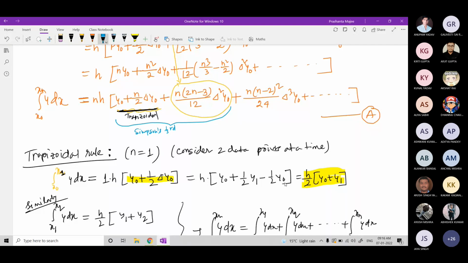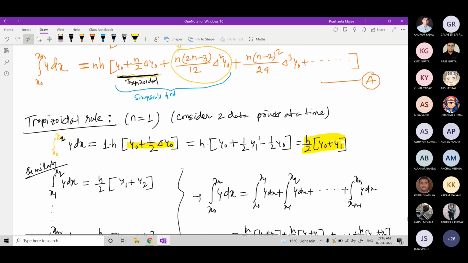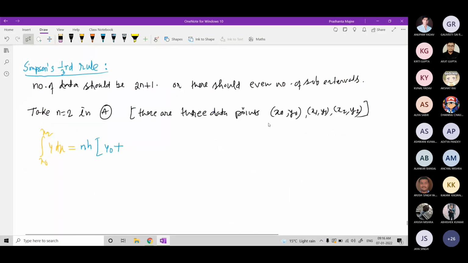So that will be nh into y0 plus n by 2 delta y0, plus, what was the next term?